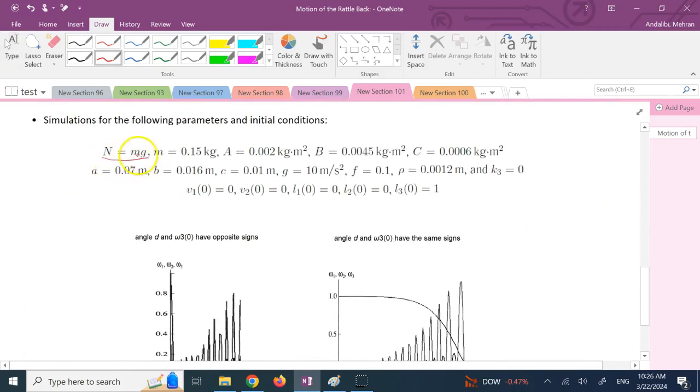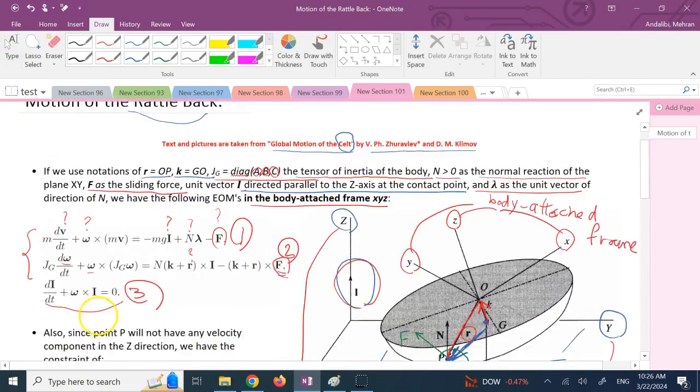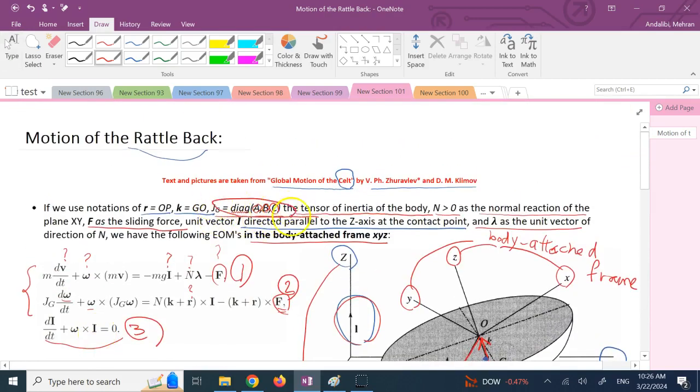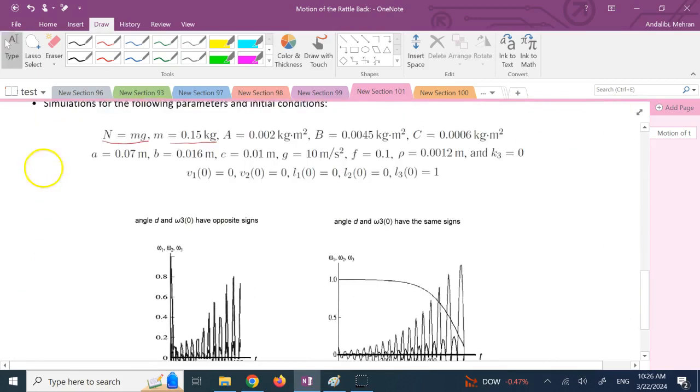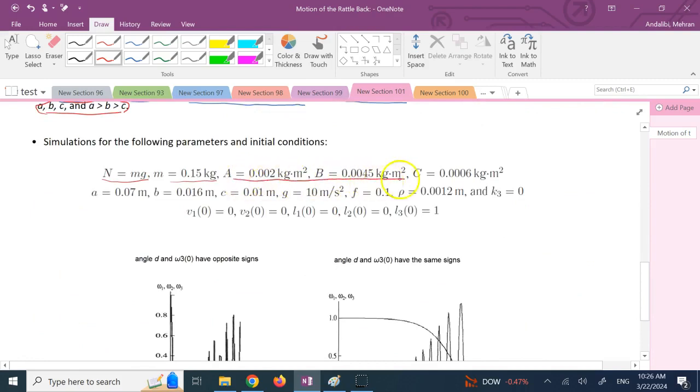So N is considered to be mg, M is like 0.15 kilogram. The 3 major moments ABC that are used for this JG, remember these 3 ABCs are given by these numbers, 0.002, 0.0045, and 0.0006 kilogram meter squared.